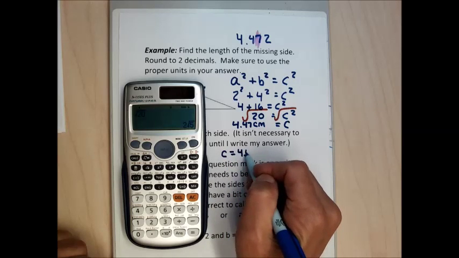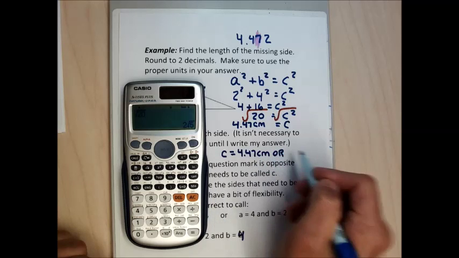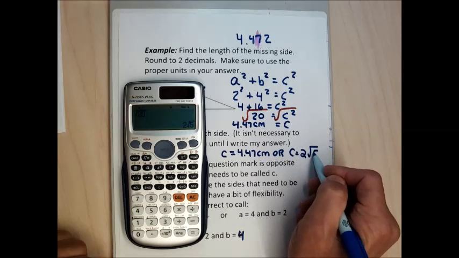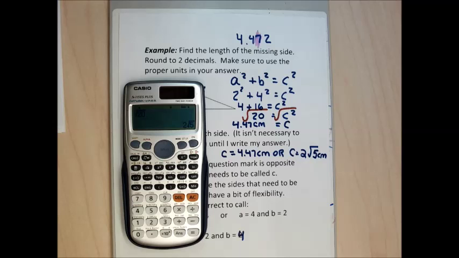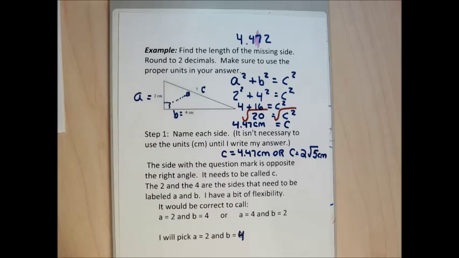I could say it's c equals 4.47 centimeters, or I can say it's c equals 2 square root of 5 centimeters. You don't have to be able to reduce the radicals for this problem, so I'm not going to explain how this calculator did it, but I'm completely fine with a radical form as opposed to a decimal form, even though I asked for a decimal form.